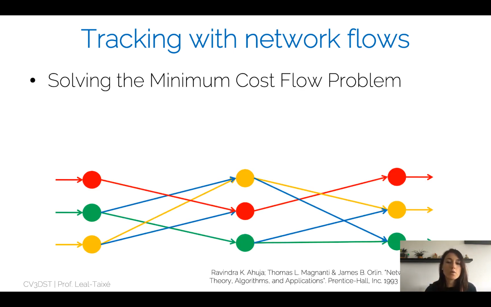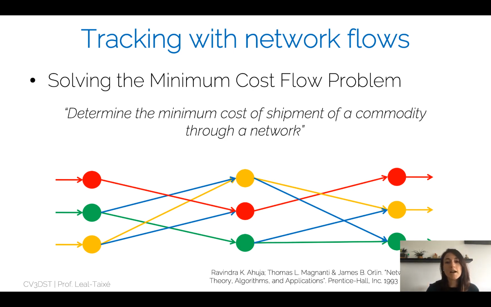So let's go a little bit more into detail into what kind of algorithm I actually use to find these trajectories in my graph. Essentially what I need to solve is what is called the minimum cost flow problem. And this is defined as determining the minimum cost of shipment of a commodity through a network.